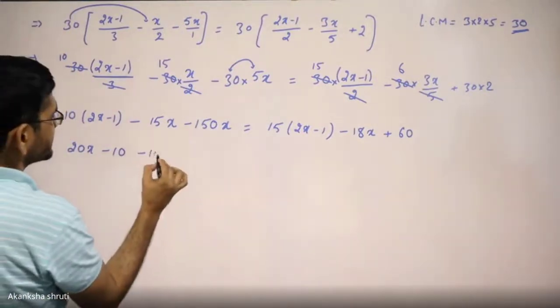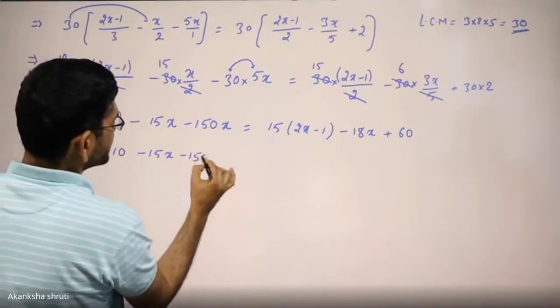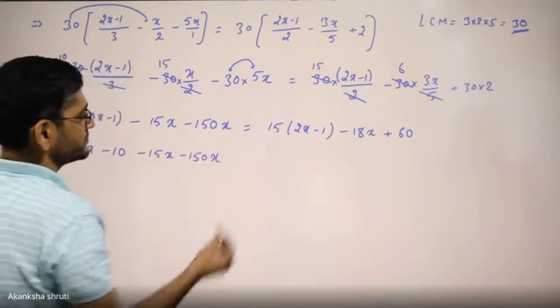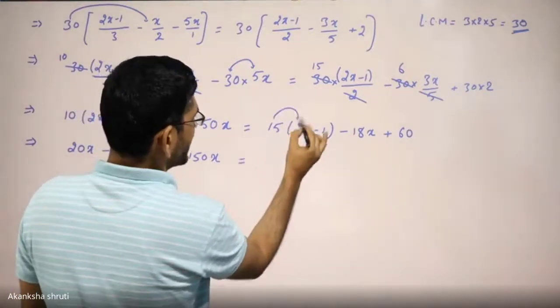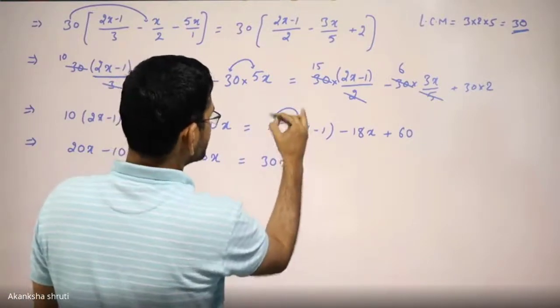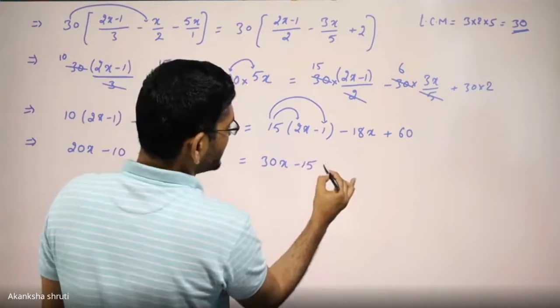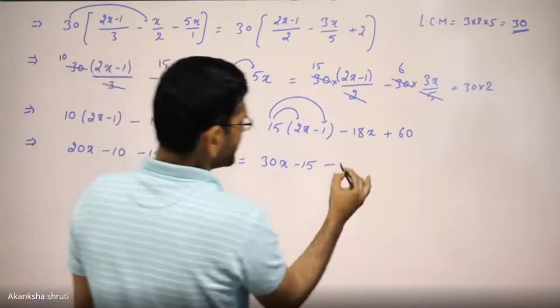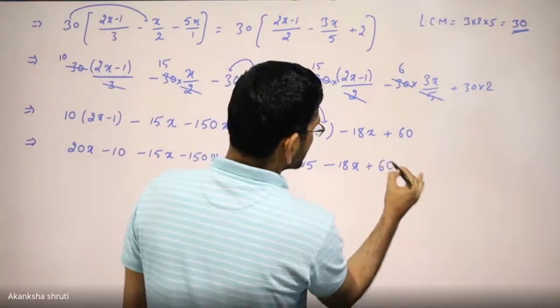Minus of 15 of x minus of 150 of x, then equals to, this 15 will multiply with this 2, it becomes 30 of x. This 15 will also multiply to this 1, minus of 15, minus of 18 of x plus of 60.